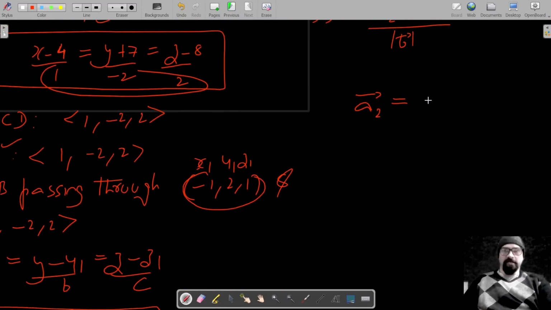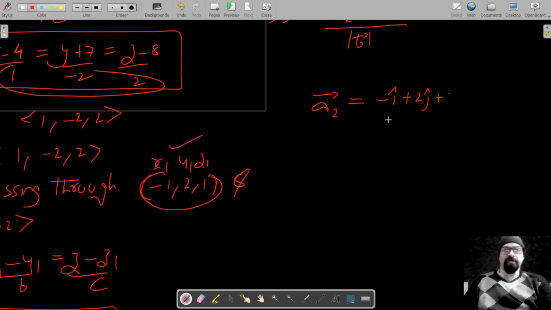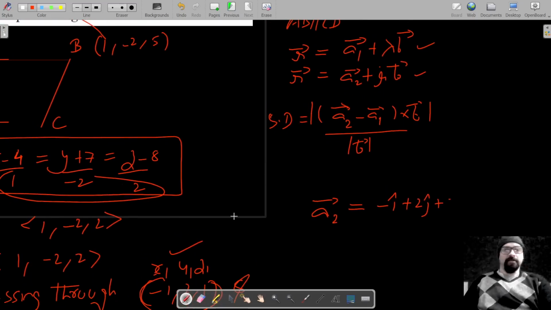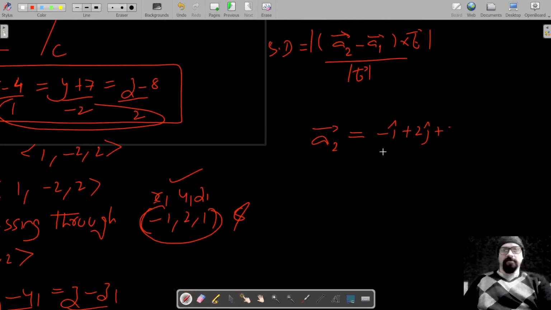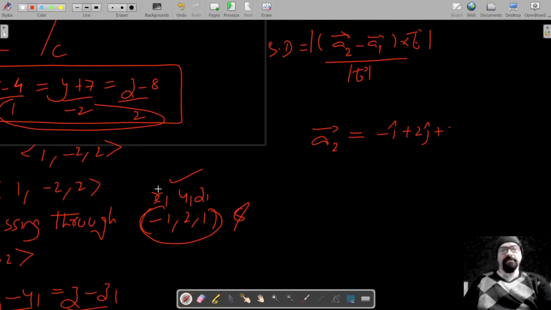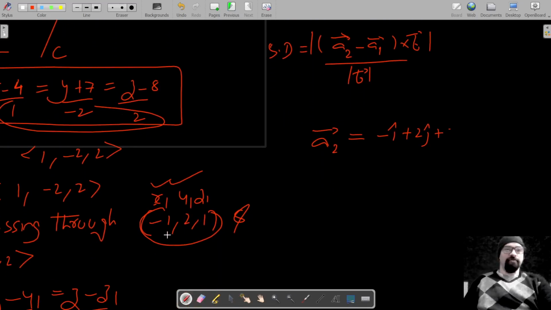So I can write it as a2 vector, which is negative i cap plus 2j cap plus k cap. This a2 is the position vector of the point through which the line AB is passing.